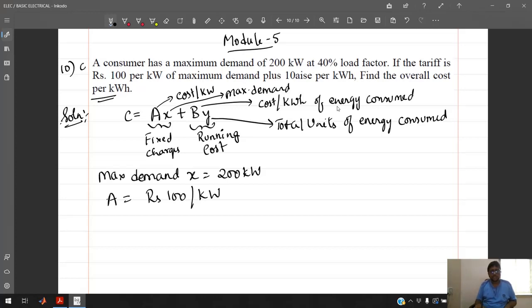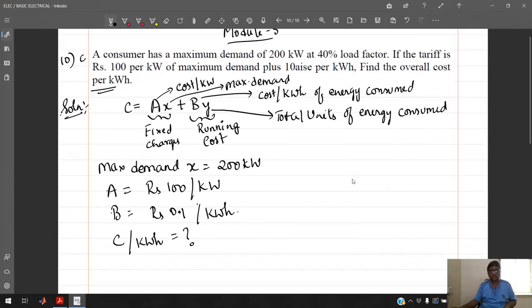B is the cost per kilowatt hour of energy consumed, so B is 10 paise, which is 0.1 rupees per kilowatt hour. You need to find out the overall cost per kilowatt hour, that is C for the total energy consumed, C per kilowatt hour.